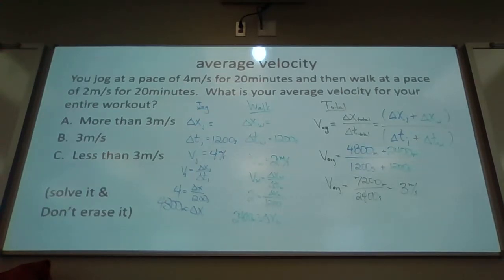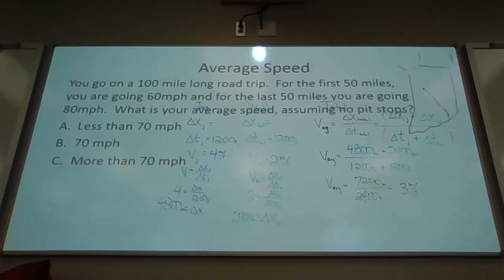They're measuring the first one by how long it is, but the second one about how long it takes. This one, you had equal time durations. This one, you have equal distances or displacements.